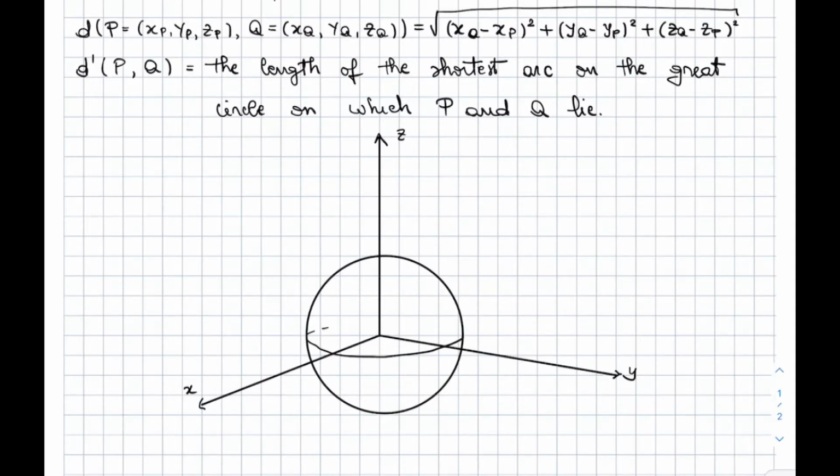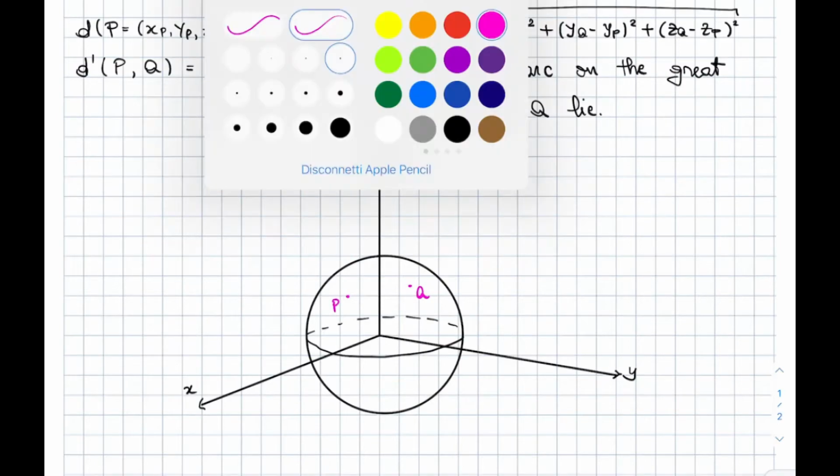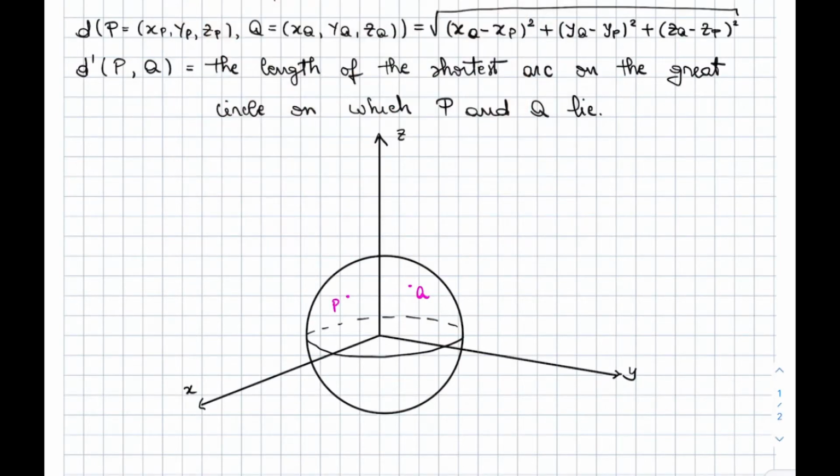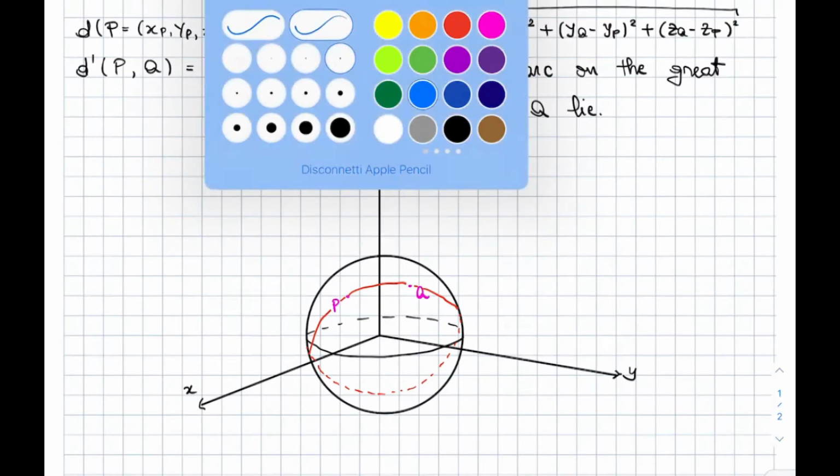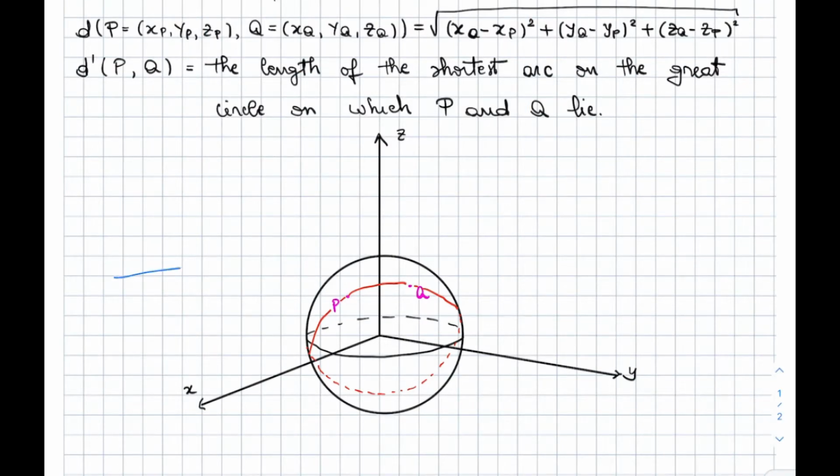Then we choose 2 points P and Q on this sphere, and we consider the great circle passing through these 2 points, which is the intersection of the sphere with the plane that goes through P, Q, and the origin.